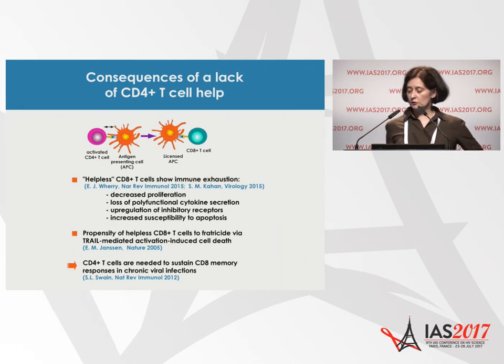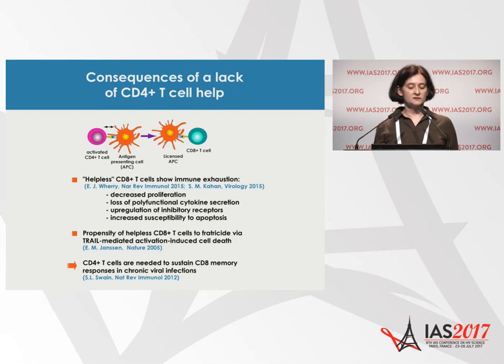If we focus on the fate of CD8 T-cells in the absence of CD4 T-cell help, one can see that these cells show multiple signs of immune exhaustion, including decreased proliferation, loss of polyfunctional cytokine secretion, upregulation of inhibitory receptors, increased susceptibility to apoptosis.